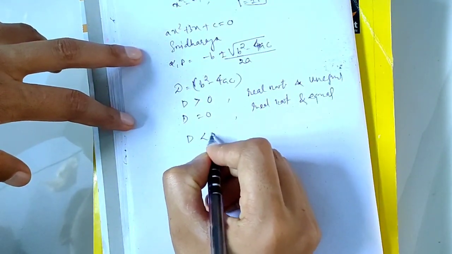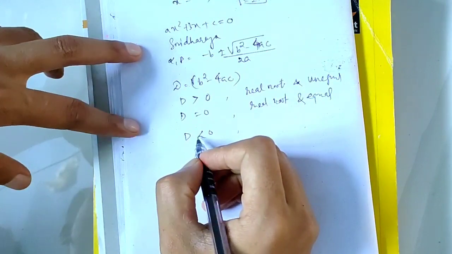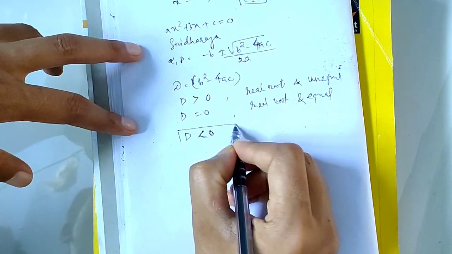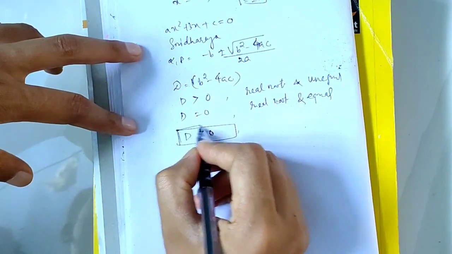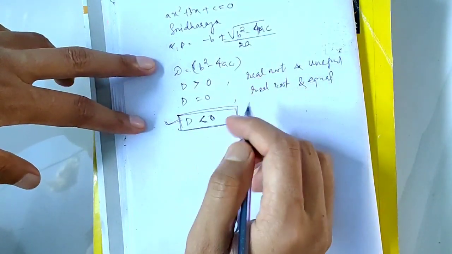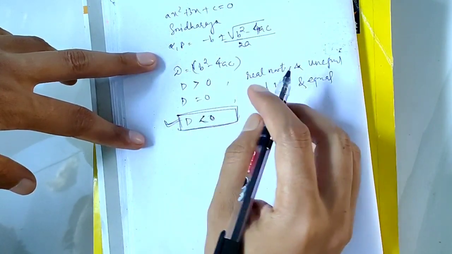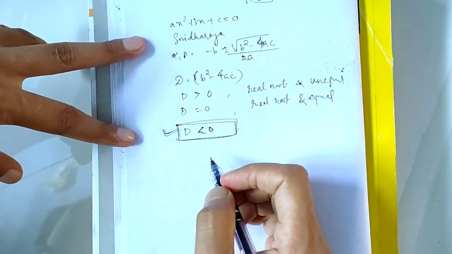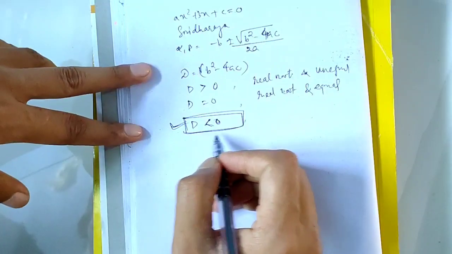If D is less than 0, what are we doing? We are skipping this case. This is the case we are going to discuss in this class.